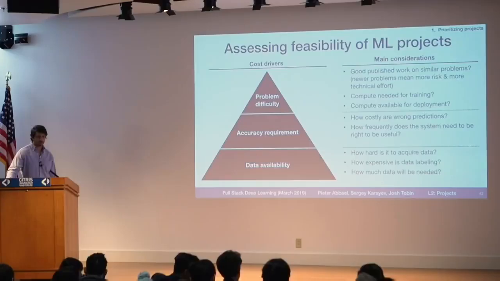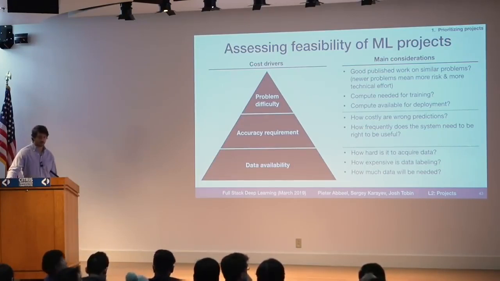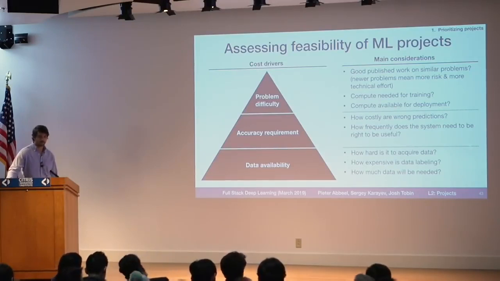Question here, yeah? Question regarding the cost of the wrong predictions, right? So in practice, these are all predictive modeling. So do we recommend doing the deterministic approaches in those cases to avoid the cost of the wrong predictions? My question is more: 99% accurate, 99.5% accuracy is still accurate, but that 0.5% of inaccuracy can cost really high. Yeah, it's a great question.